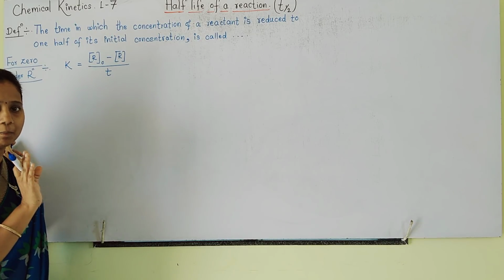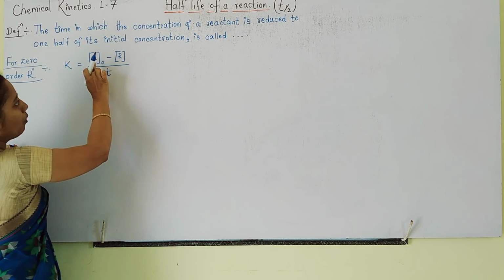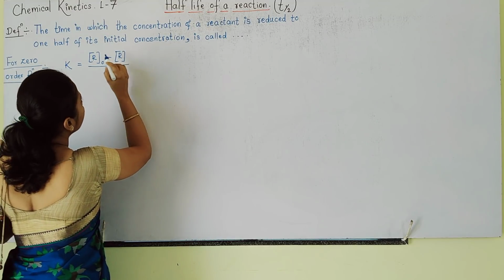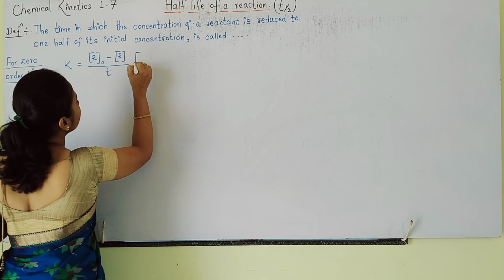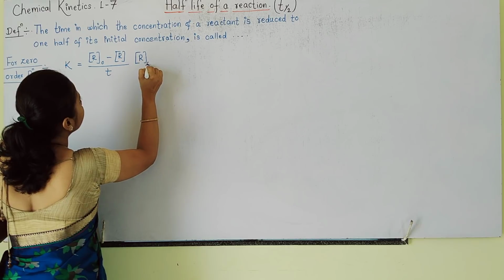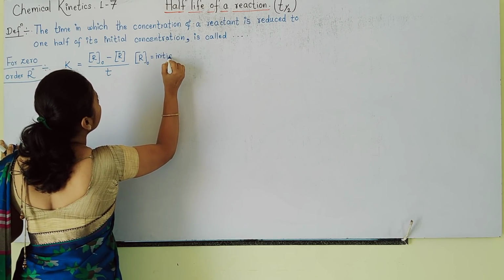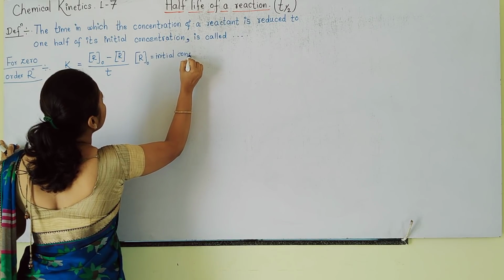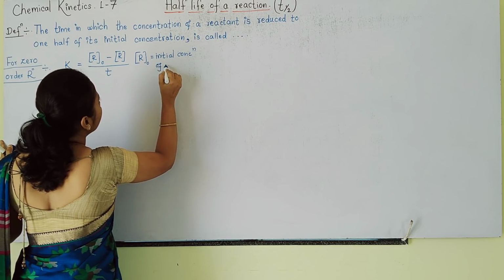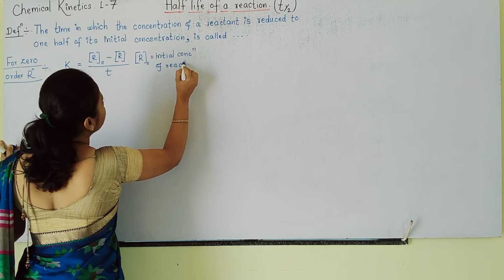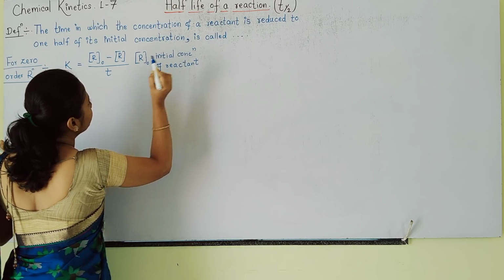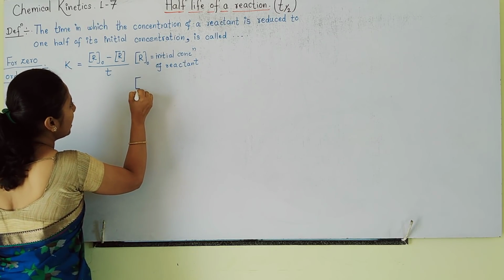Yesterday's part, R naught minus R by T, where R naught is initial concentration of reactant. Okay, and what is R?